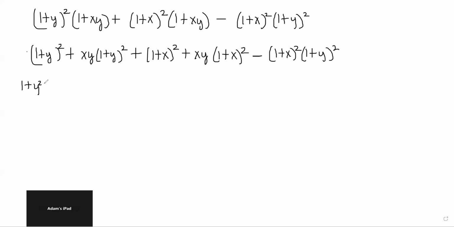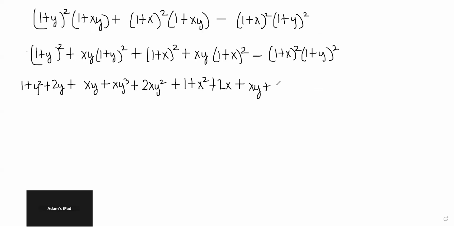We'll say 1 plus y square plus 2y, multiplied by xy, so it will be xy plus xy cube plus 2xy square, right? Here you get this plus xy plus x cube y plus 2x square y, right? Minus, you will get (1 + x square + 2x) multiplied by (1 + y square + 2y).